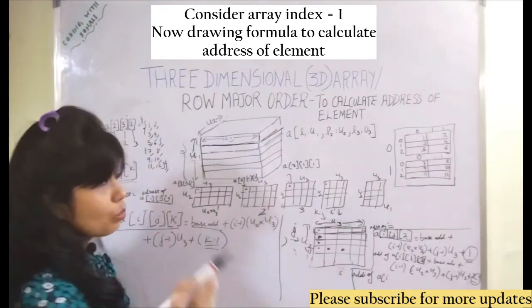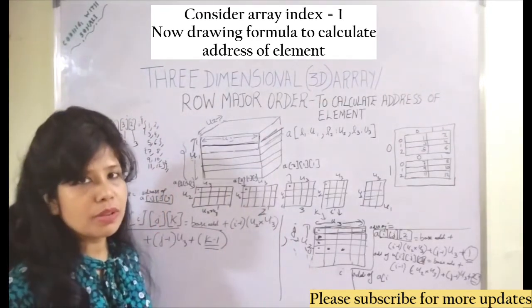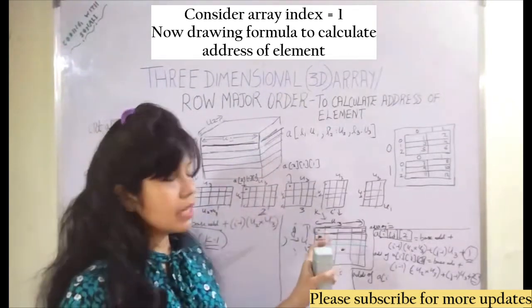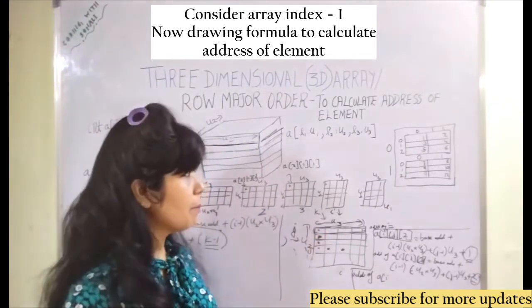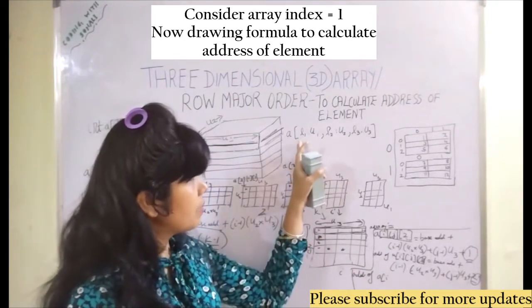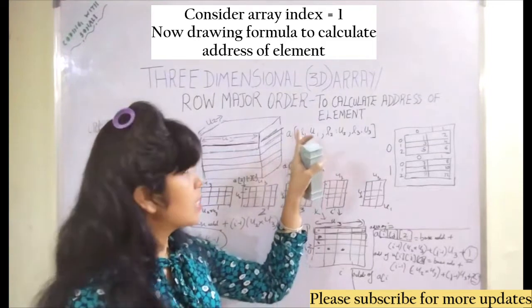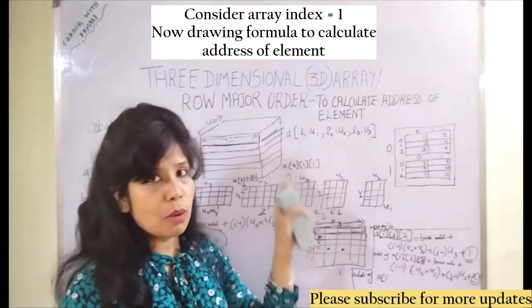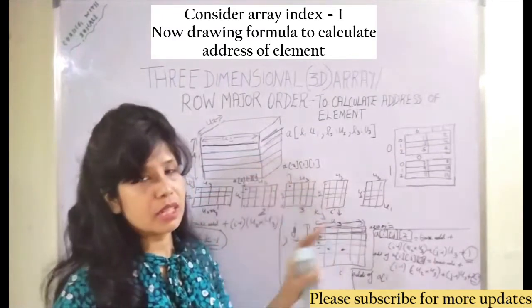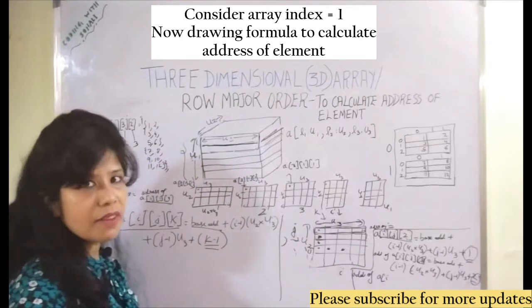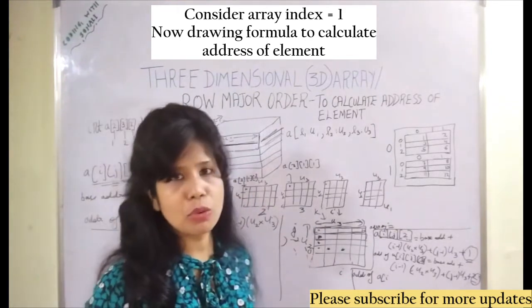U2, U3, U1, all these are the dimension upper boundaries of your array, here taking the indexing from 1. It can happen that you are given an array that starts with index 0, or starts from index minus 1, or 1, 2, 3. No problem, you can accordingly substitute your values and calculate the lower boundary and upper boundary.